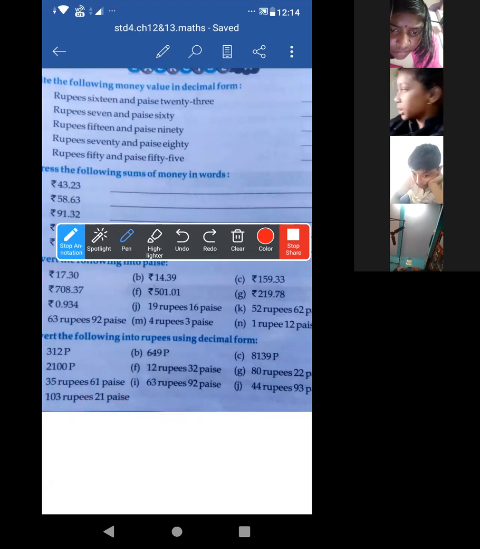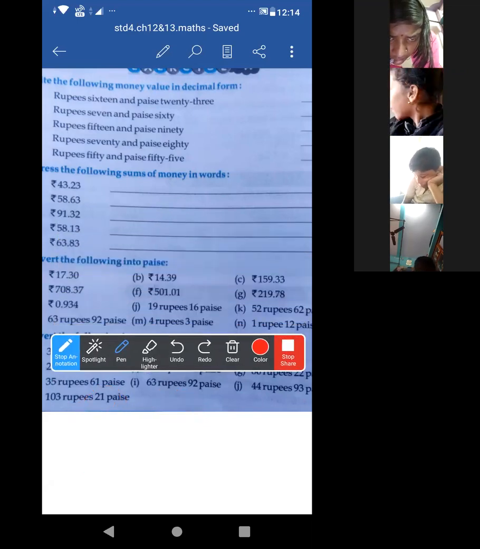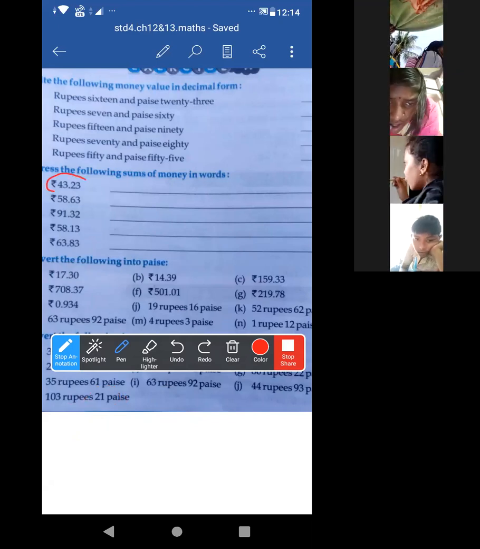Okay, so now look at this. Look, it is given 43.23.